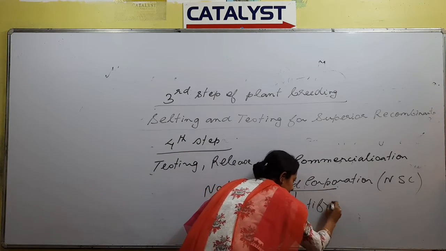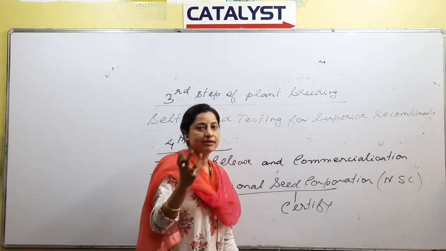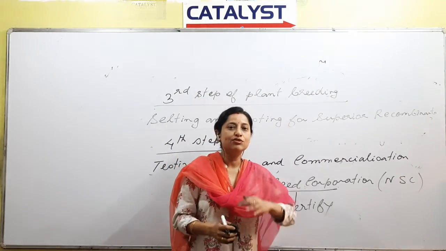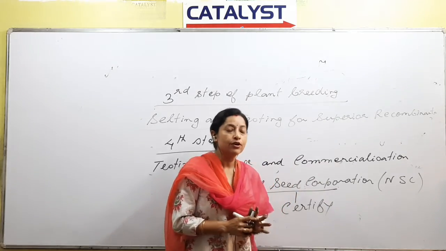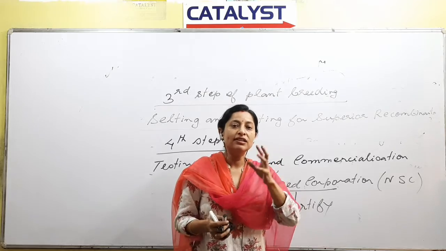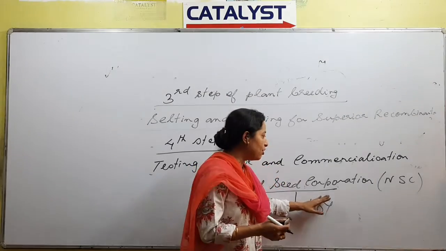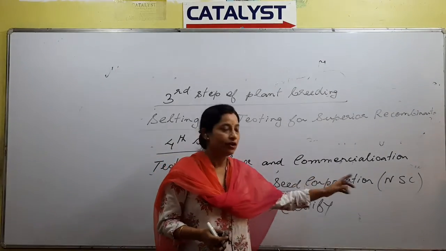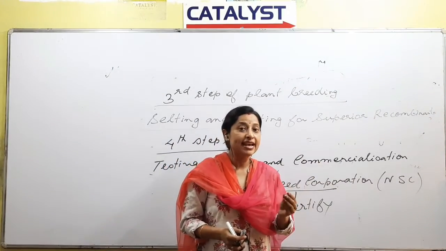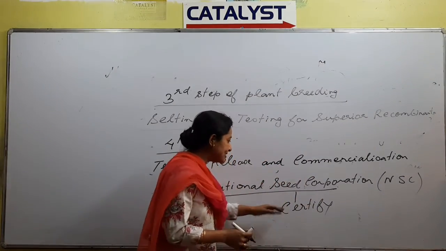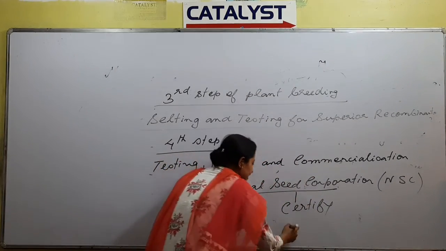Suppose we produce a plant, the plant's seed is used to grow the next baby plants. Who will check and certify that the seed is the best and has all the desired qualities? NSC. Until and unless NSC certifies that seed, we can never commercialize or release it. Once it gets certified, after certification, what happens? Release.